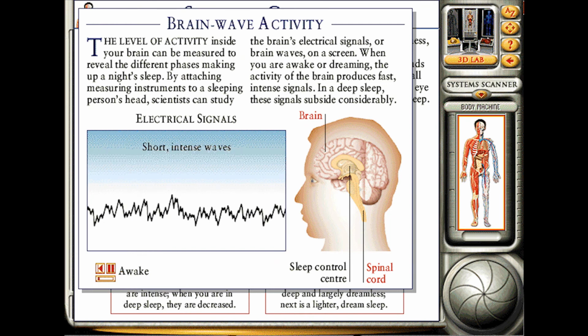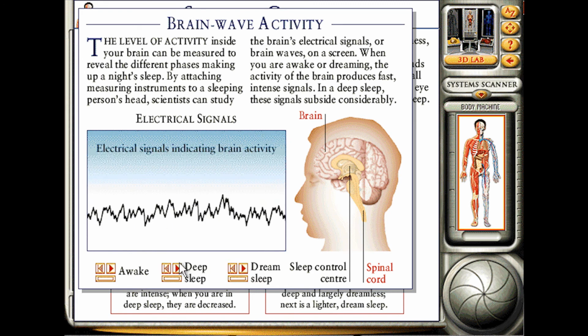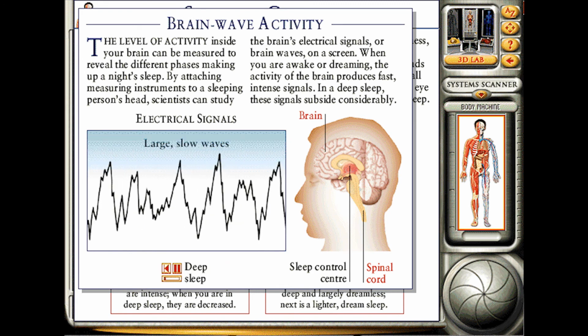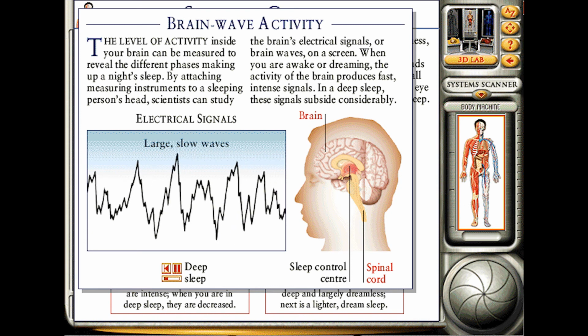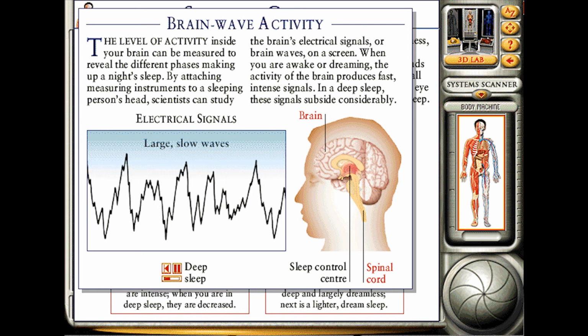When you are awake, your brain is extremely active, controlling your body and its actions. Your heart rate, blood pressure and rate of energy usage are at regular levels, and this is reflected by intense electrical signals called brain waves. When you're in a state of deep sleep, your body functions slow down considerably.